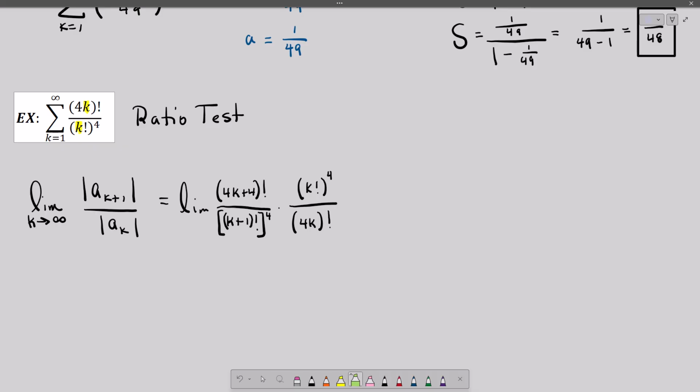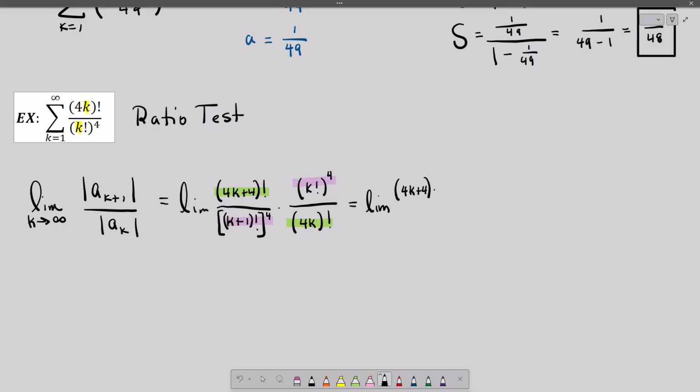We're kind of looking at these two for some cancellation and these two for some cancellation. So we're going to pair them off and see what we can cancel. So let's focus on this factorial in the numerator. We know that a factorial is repeated multiplication by factors that differ by 1.